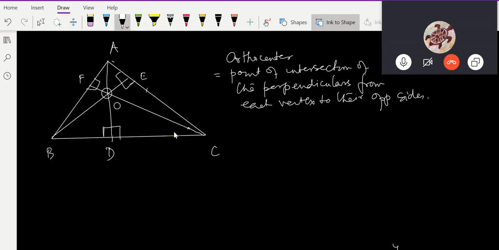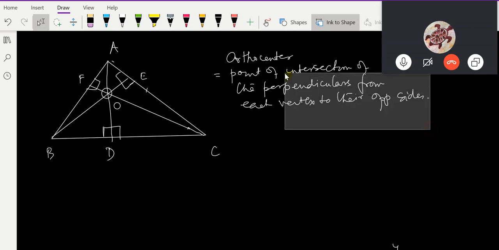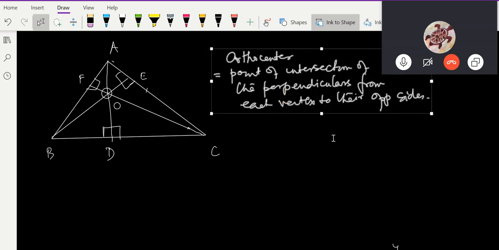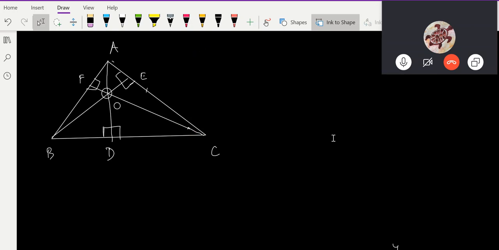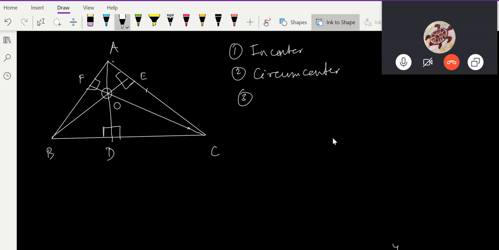Now tell me, from what we have discussed, between the four important points, number one is the incenter, number two is the circumcenter, number three is the centroid, and number four is the orthocenter.